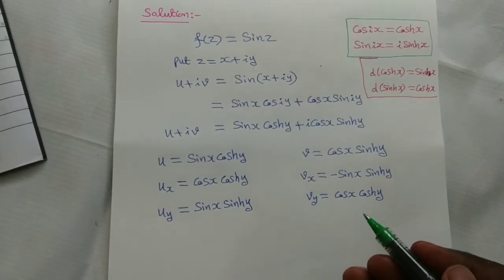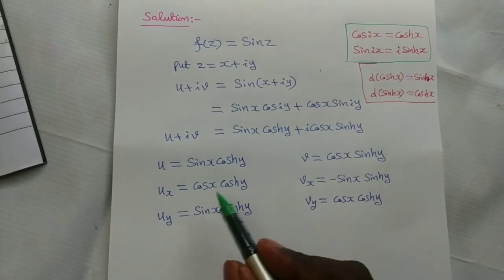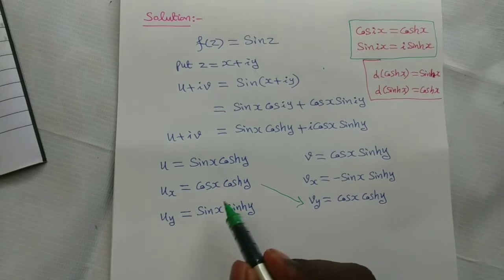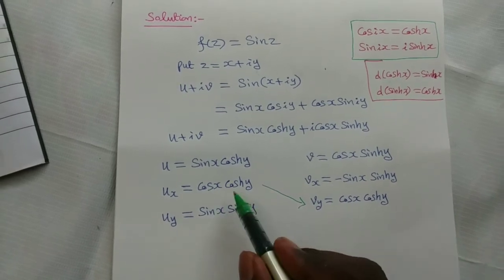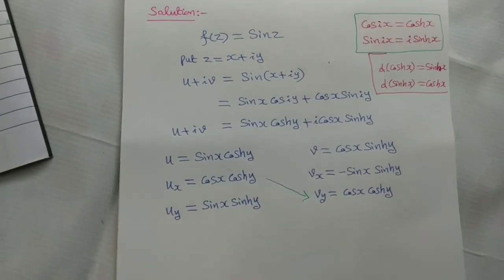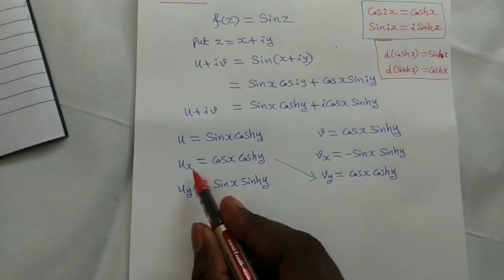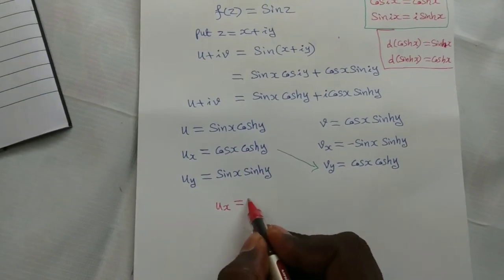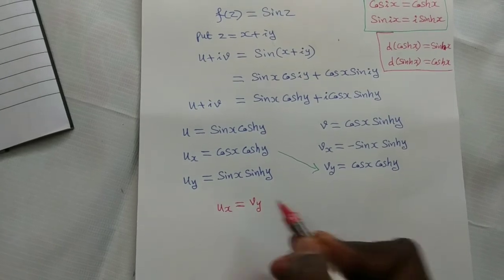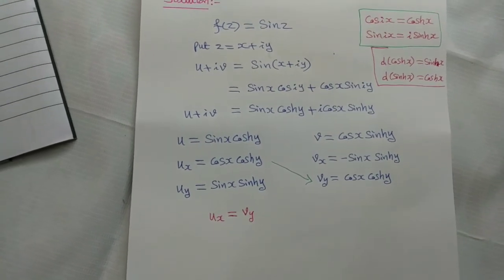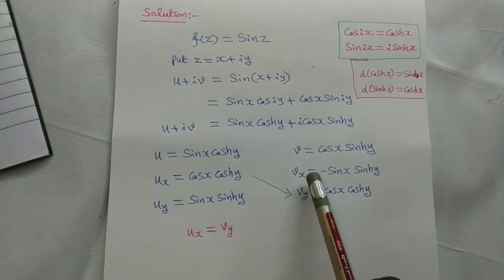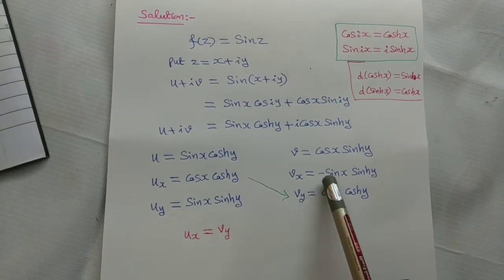Now I am going to verify the CR equation. The CR equation is ux is equal to vy. Compare ux and vy: cos x cosh y, cos x cosh y. So these two are equal. So ux is equal to vy. So the first CR equation is satisfied. And now next I am going to compare these two. Only the sign will be different. So sin x sinh y, minus sin x sinh y.